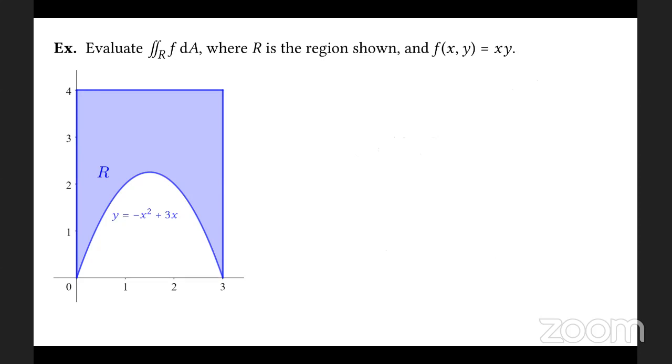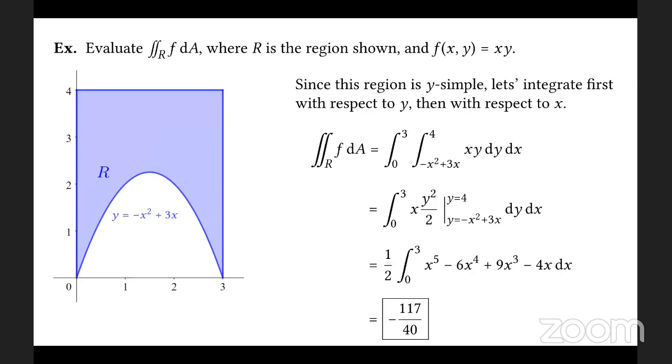Okay, let's go back. Oh, I didn't make those appear incrementally. Oops. Okay, well, since this region is y simple, let's integrate with respect to y first, and then with respect to x. Okay, so the lower bound on y is this curve in terms of x, which is negative x squared plus 3x. The upper bound is 4. And then we take x from 0 to 3.